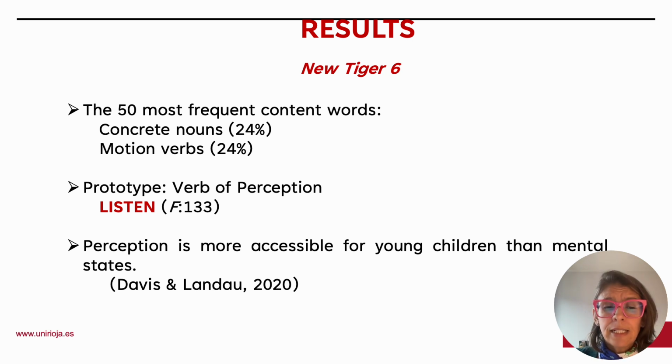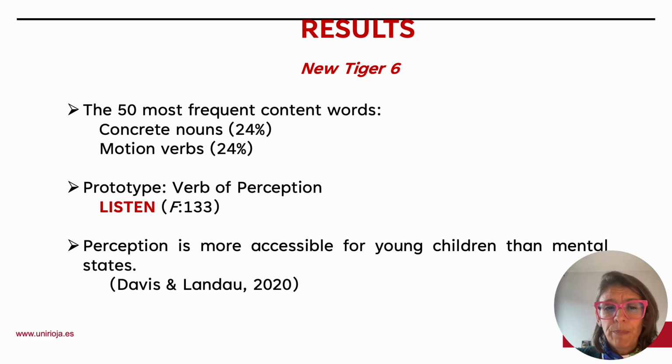And in this case, according to Davis and Landau, perception is more accessible for young children than mental states, and that is one of the reasons why the textbook considers listen, this verb of perception, as the prototype.